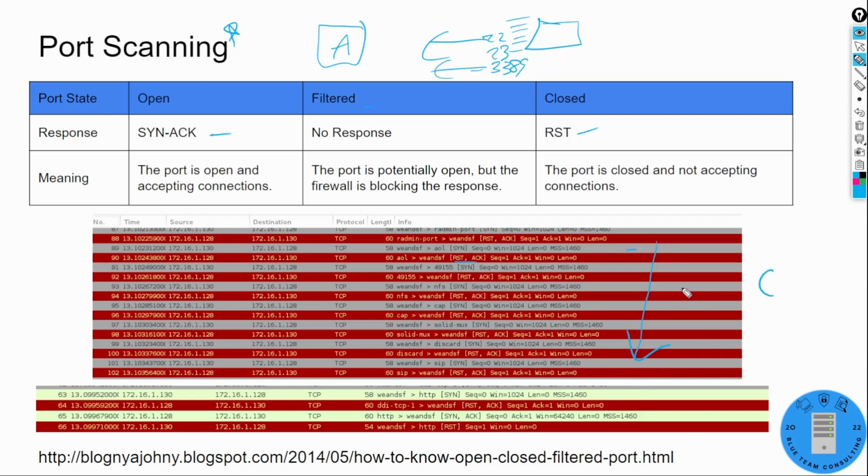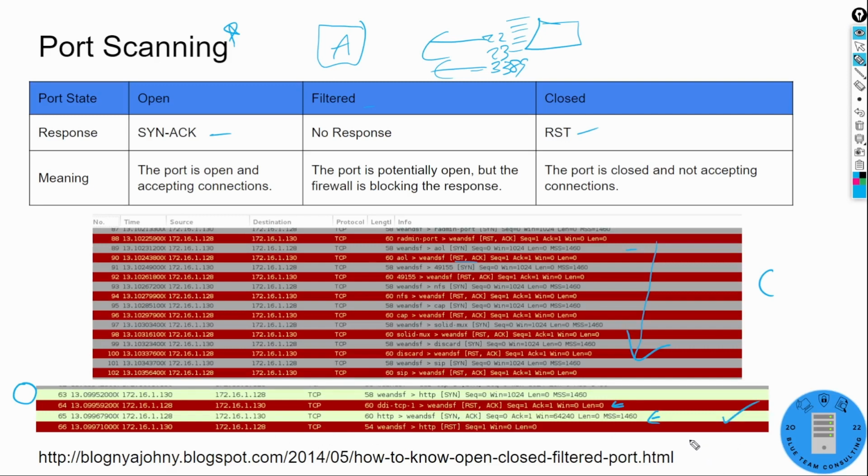So this is the closed box here. If a port is open, you'll see that the SYN packet goes out, but this one, a SYN ACK, came back. So this port, for whatever port it was scanning, is actually open.